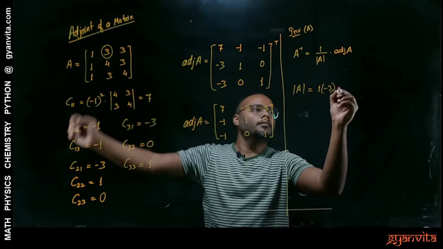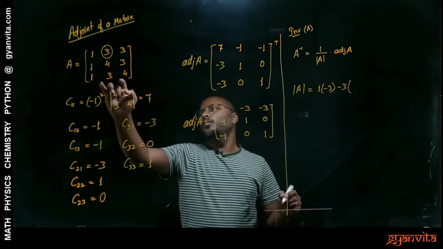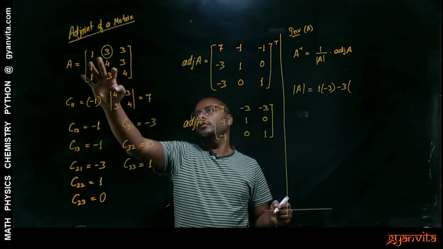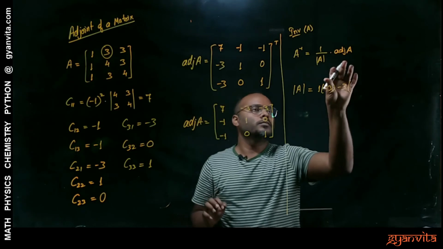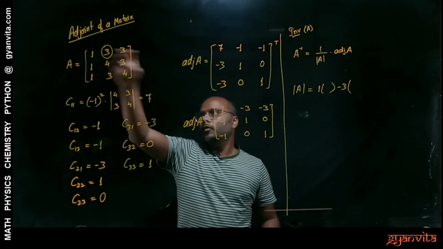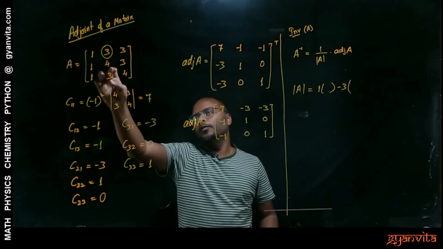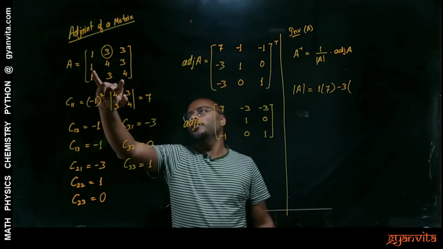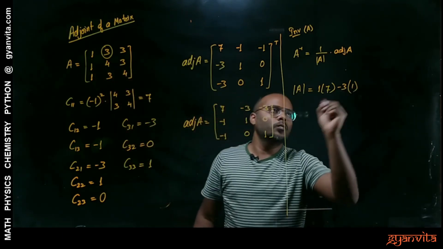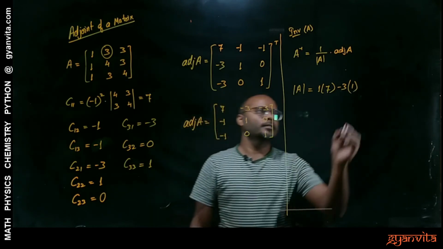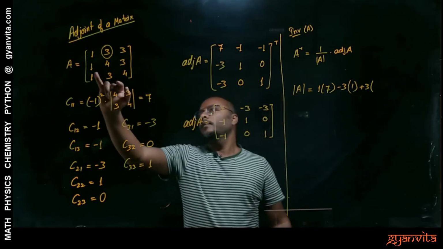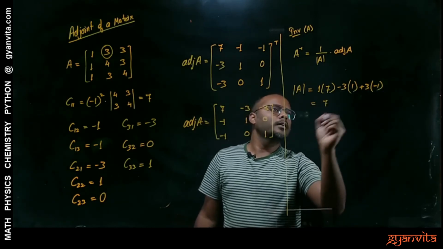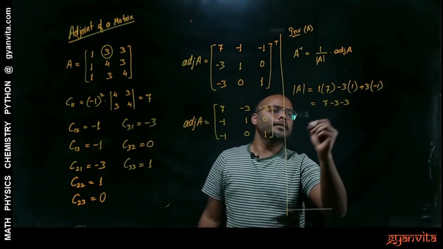Then minus 3 into, I'm expanding along the first row, so this is 1, 4 into 4, 16 minus 9, that is 7, then minus 3 into 4 minus 3, that is 1, then 3 into 3 minus 4, that is minus 1. So this is actually 7 minus 3, which is equal to 1.